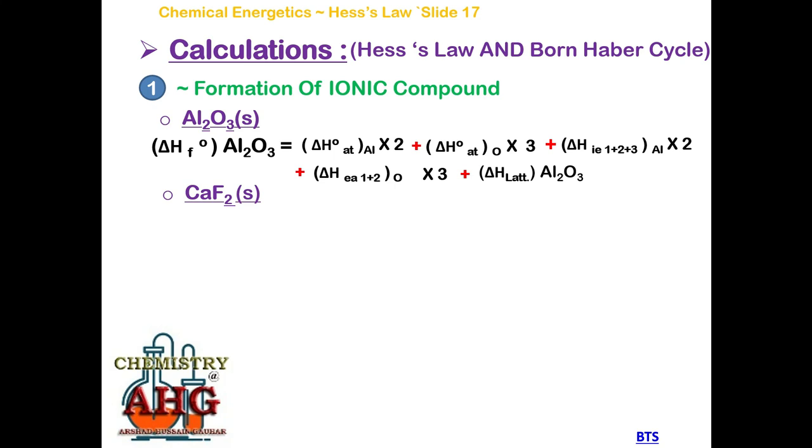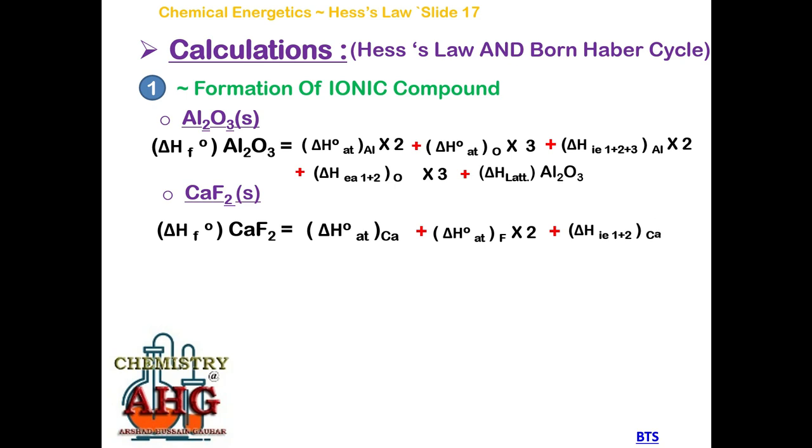The enthalpy change of the direct path will be standard enthalpy change of formation of calcium fluoride, and it is equal to atomization of calcium multiplied by 1 because there is 1 mole of calcium, plus enthalpy change of atomization of fluorine multiplied by 2 because there are 2 mole of fluorine atoms, plus first and second ionization energy of calcium multiplied by 1, plus first electron affinity of fluorine, because fluorine gains 1 electron only, but it must be multiplied by 2 because there are 2 mole of fluorine atoms, plus lattice enthalpy of calcium fluoride.